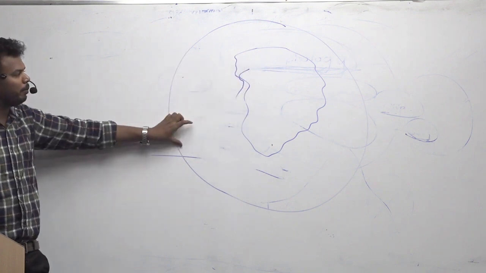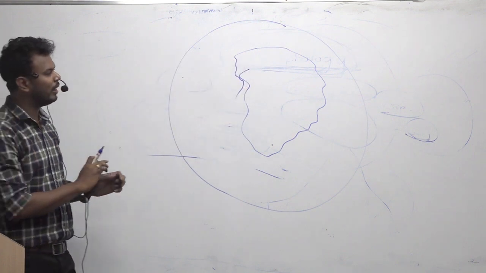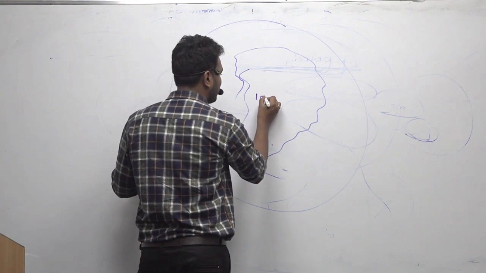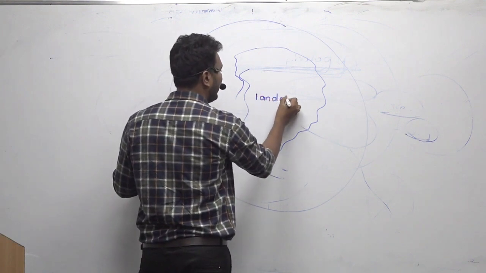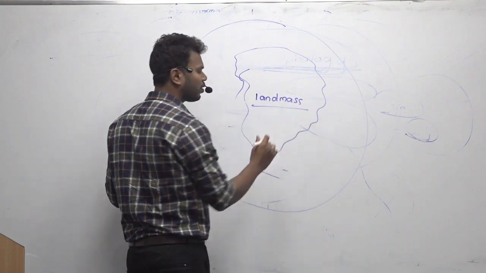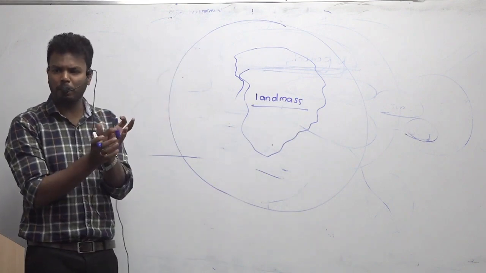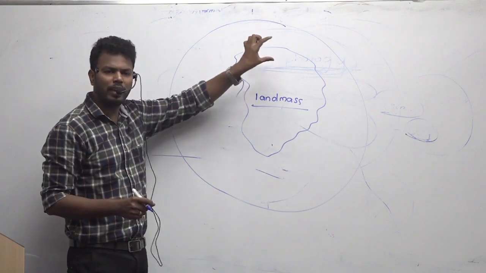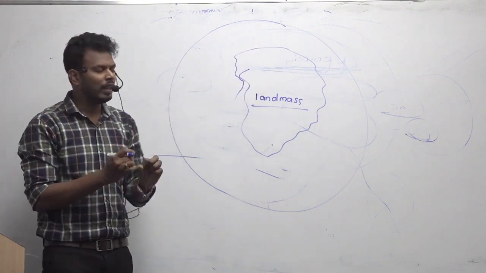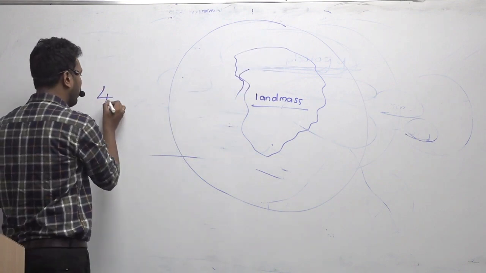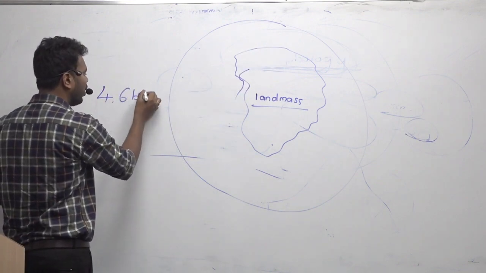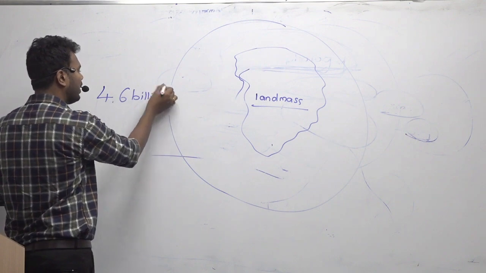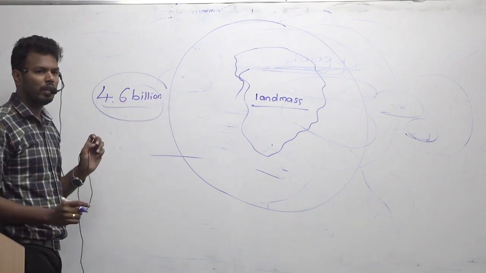But once upon a time, what scientists have believed is that the entire land mass was located at one particular place. There was no India, North America, South America, nothing. As I told you, Earth formed about how many years ago? 4.6 billion years ago.